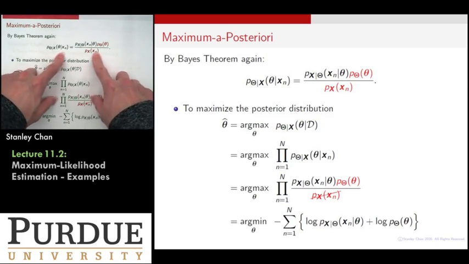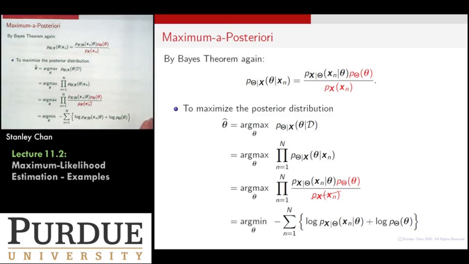You go through all these derivations, which we'll go over next time. You see that in this negative log-likelihood term, you will still have the likelihood function. However, you will add one more term, the prior distribution, which is exactly the same as the regularization function that we learned in lecture 1 or 2.